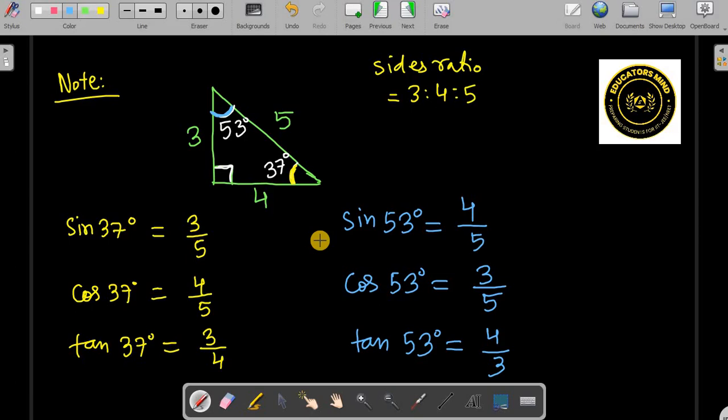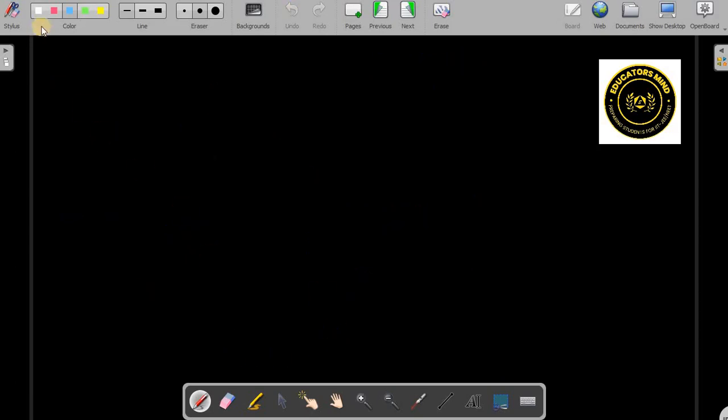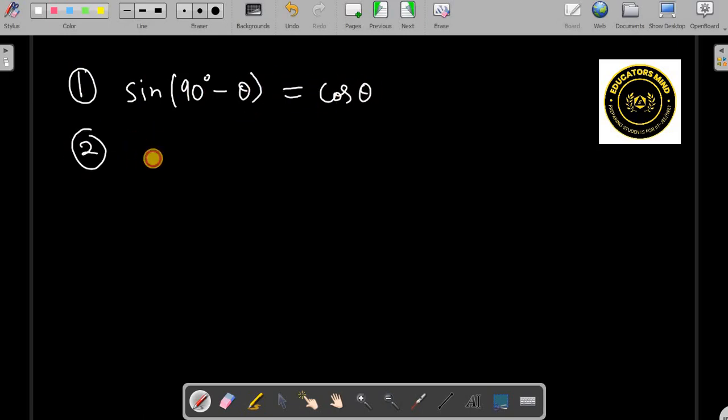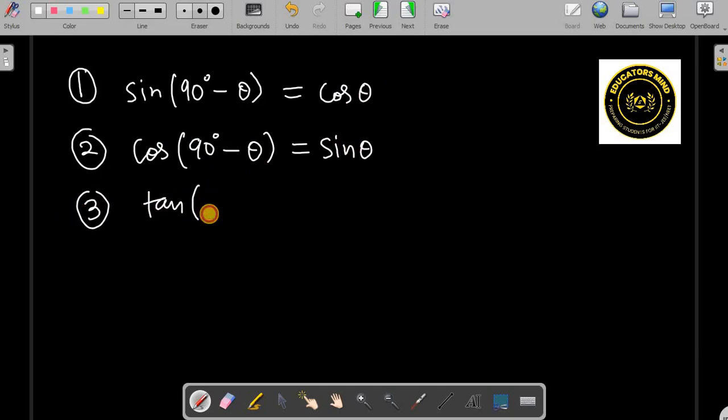Okay, then let's write some complementary angles and other angles we will see. First you should note that sine of 90 degree minus theta becomes cos theta. Similarly, cos of 90 degree minus theta becomes sin theta. Tan of 90 degree minus theta becomes cot theta.